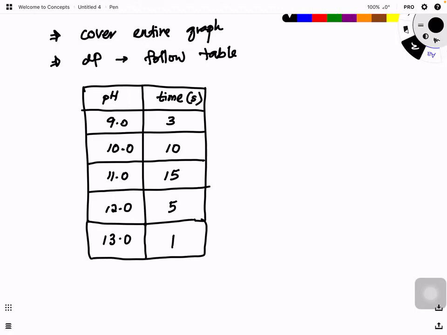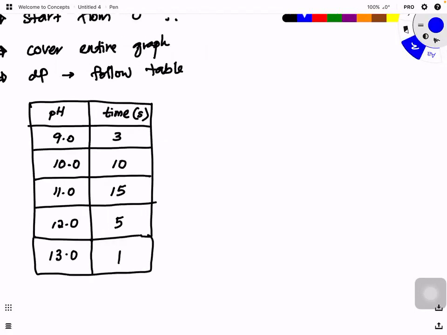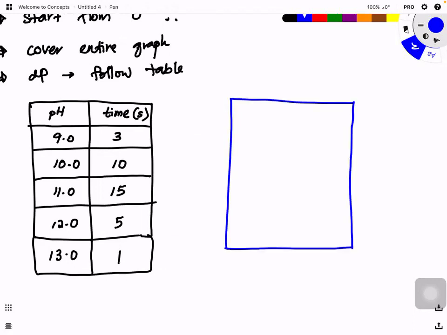Now the question here is, first I draw the graph. This is the graph paper given. First thing, I need to draw the axes, correct or not?